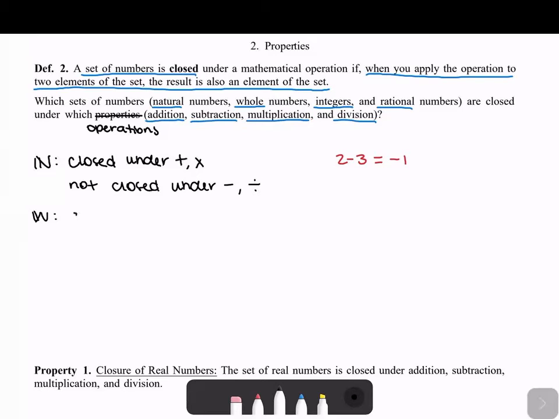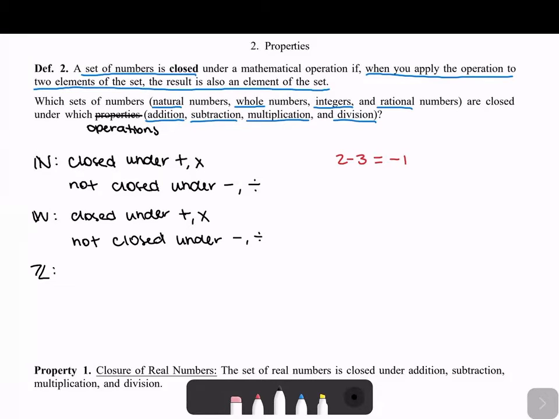So the whole numbers are also closed under addition and multiplication. But the same example works for the whole numbers. 2 minus 3 is -1, which is not a whole number, right? Because all of our whole numbers are positive. The same example in red over here works to show that this is not closed under subtraction and division.